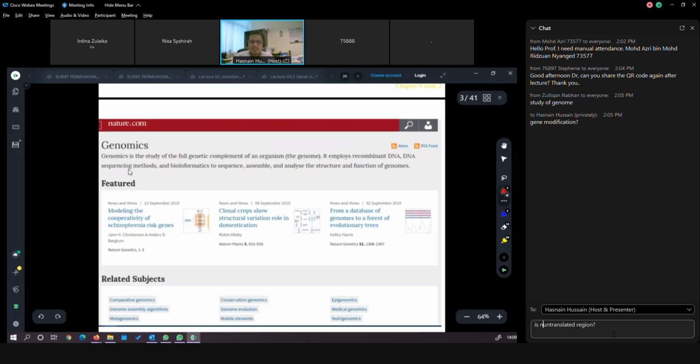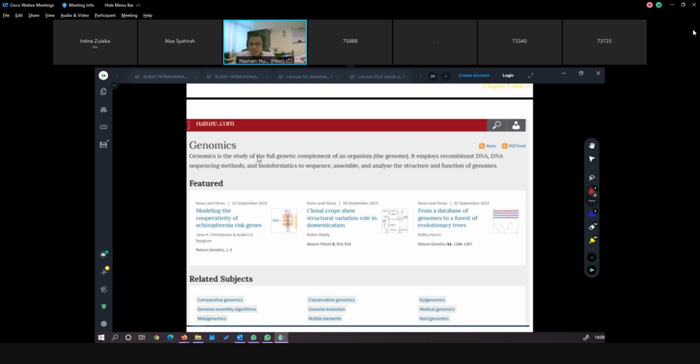Okay, so from Nature magazine, actually a journal of scientific eminence, the highest achievement one can go in the scientific world if you want to publish your result or your scientific discovery.